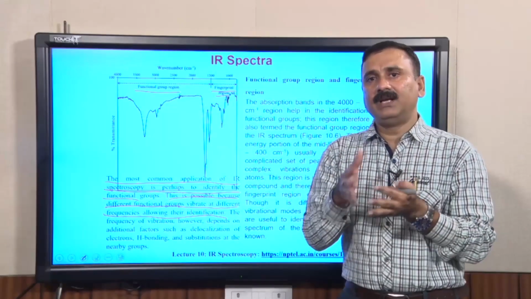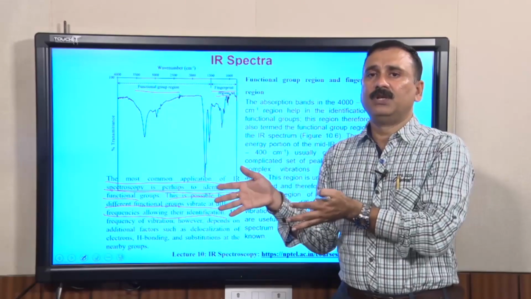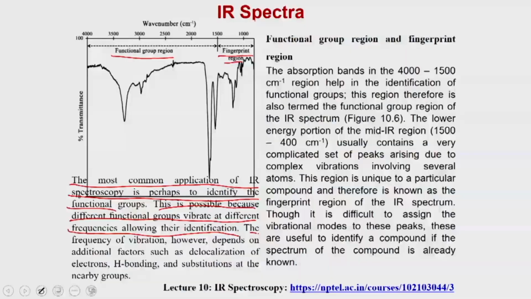Because of that, it is possible to characterize the presence of those functional groups within the molecule. The frequency of vibration however depends on additional factors such as delocalization of electrons, hydrogen bonding and substitution at the nearby group.